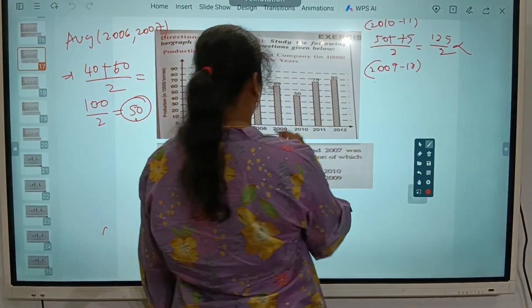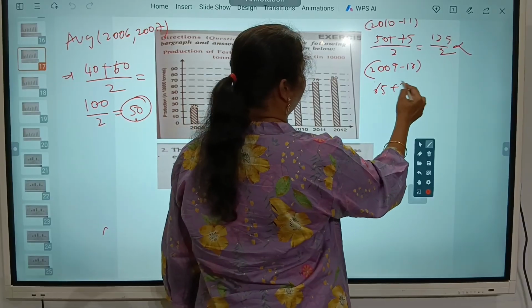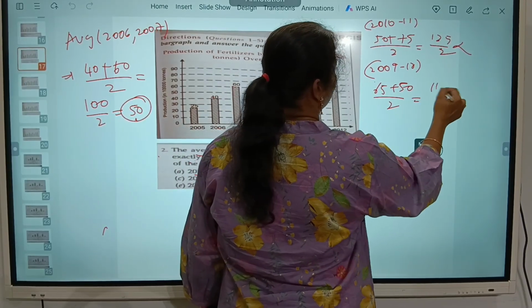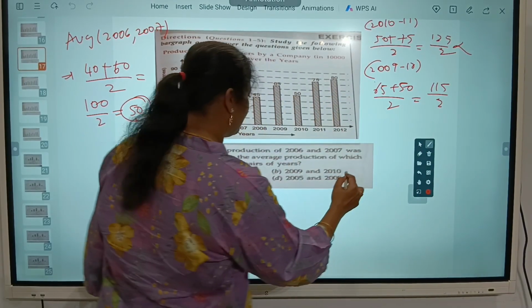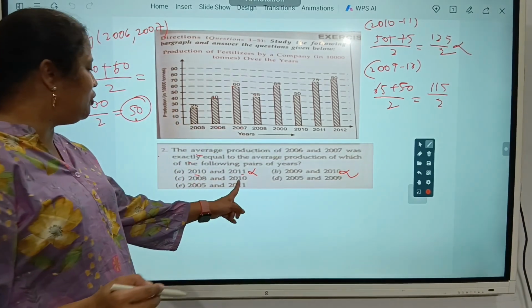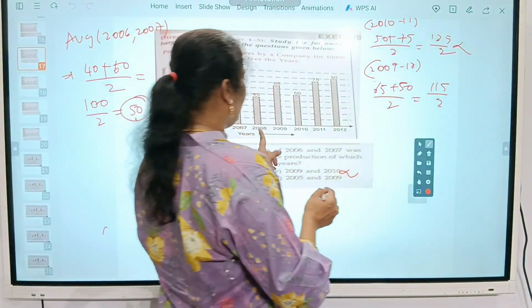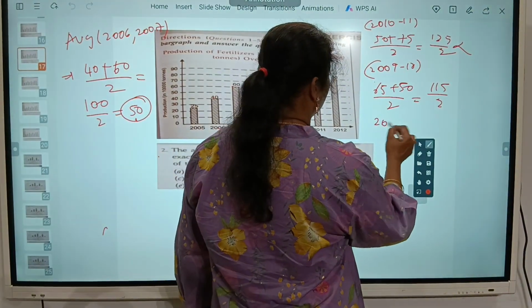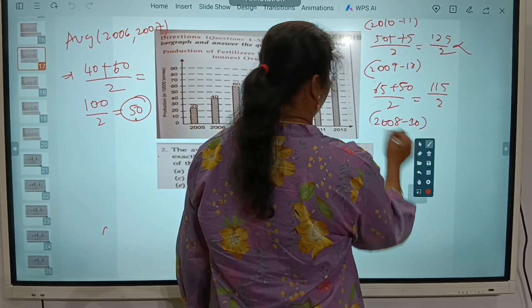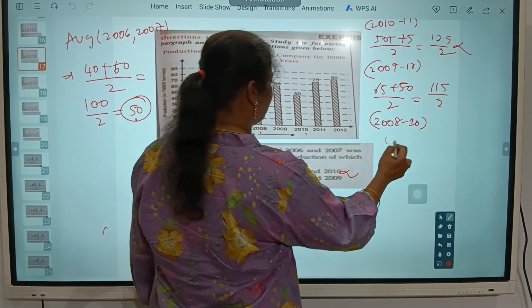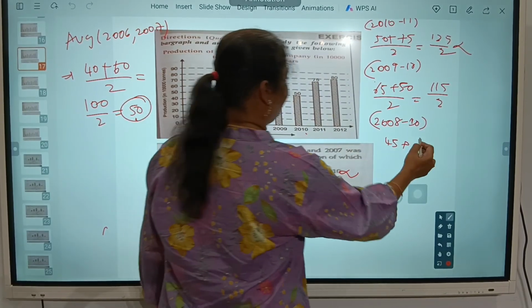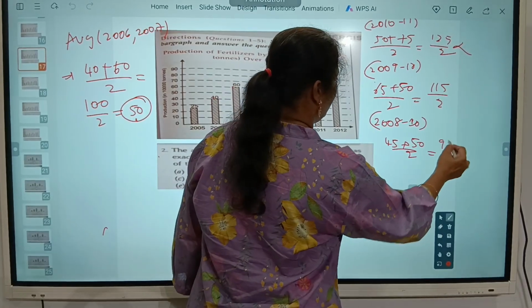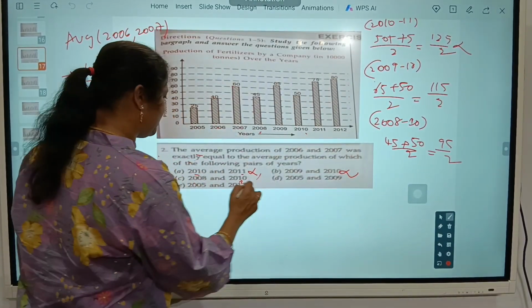It comes to 65 plus 50 by 2, so 115 by 2. This is not the answer. C, we will see 2008 and 2010. That is 45 plus 50 by 2, 95 by 2. This is not the answer.